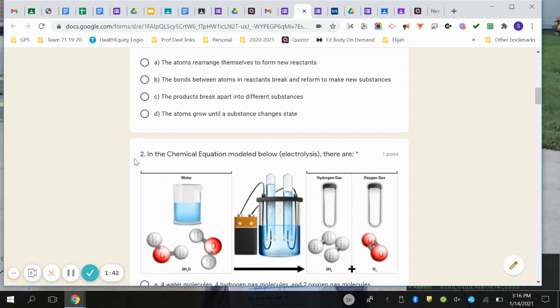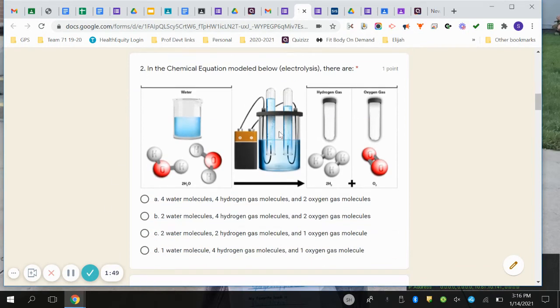So, for number 2, in the chemical equation model below, hold please. Okay, sorry about that. In the chemical equation below, there are A, 4 water molecules, 4 hydrogen gas molecules, and 2 oxygen gas molecules. So you're looking at these numbers, guys. Process of elimination. 4 water molecules. Okay, where are the 4 water molecules?